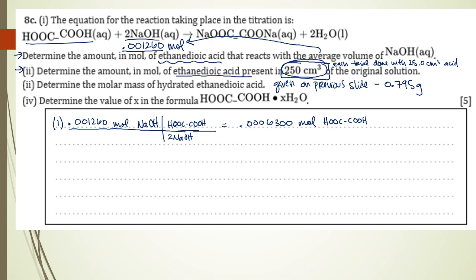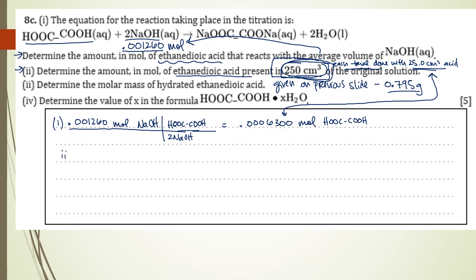Remember that on the previous slide, we put our 0.795 grams of ethane dioic acid into 250 cubic centimeters total, and then we pulled out 25 cubic centimeters for each trial. So this is how many moles reacted from 25 cubic centimeters. How much in my original whole 250 cubic centimeters? This is easy. We're just going to multiply by 10.